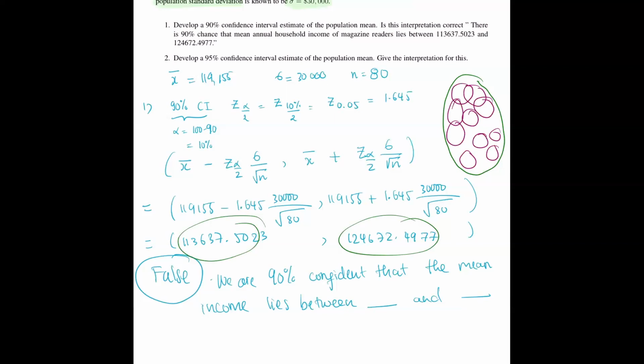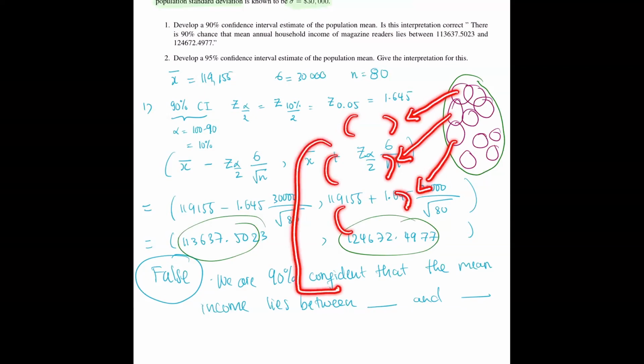Which means you calculate the confidence interval from this sample, from this sample, and from this one, we do that many times, then 90% of these intervals will contain the true mean.